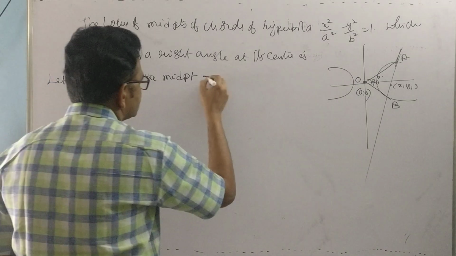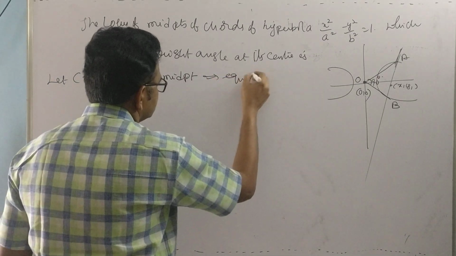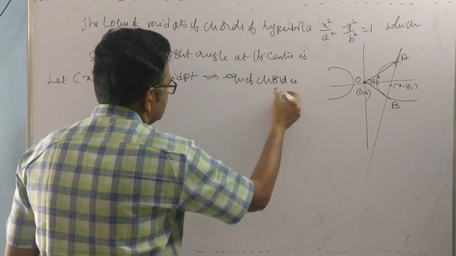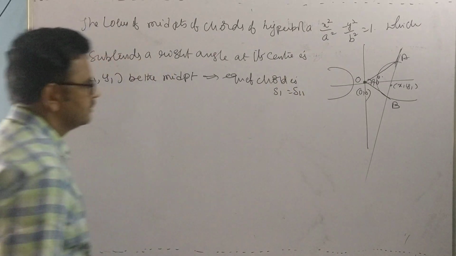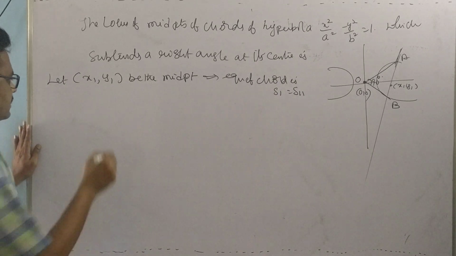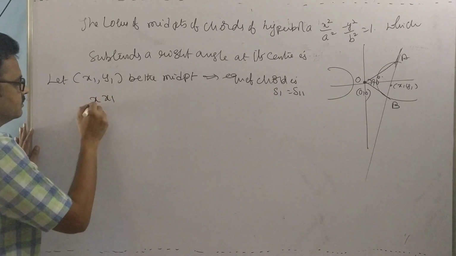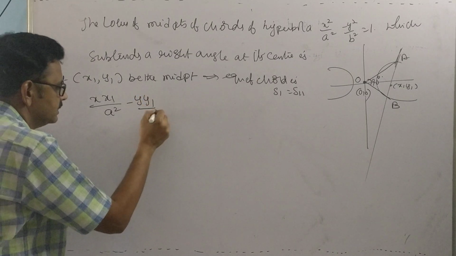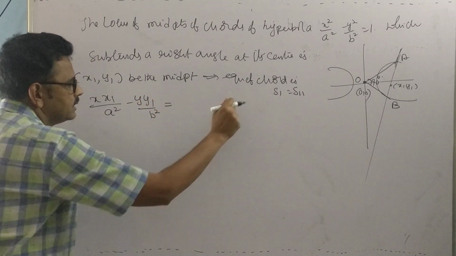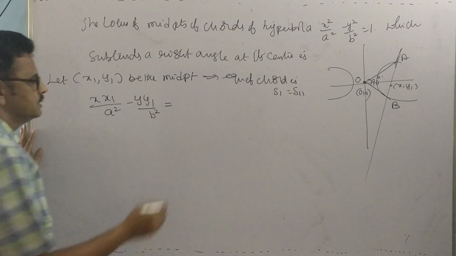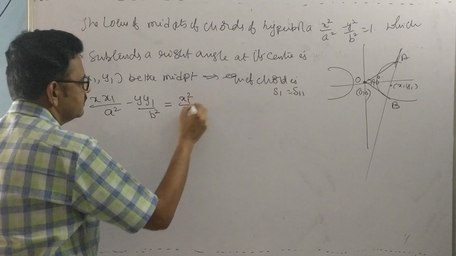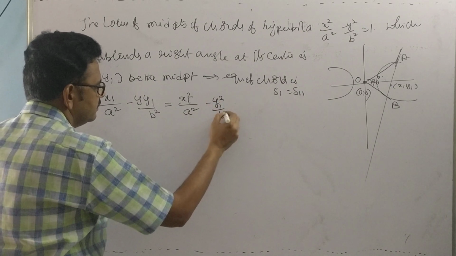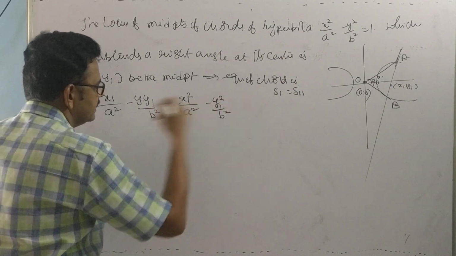This implies the equation of the chord is S1 = S11. S1 is xx1 by a square minus yy1 by b square minus 1; that minus 1 gets cancelled on the other side. It is equal to x1 square by a square minus y1 square by b square minus 1, and the minus 1 cancels.